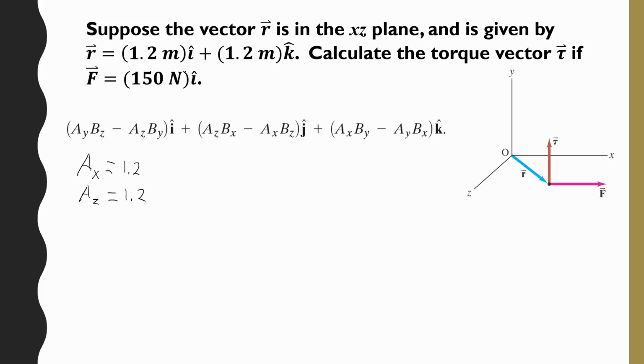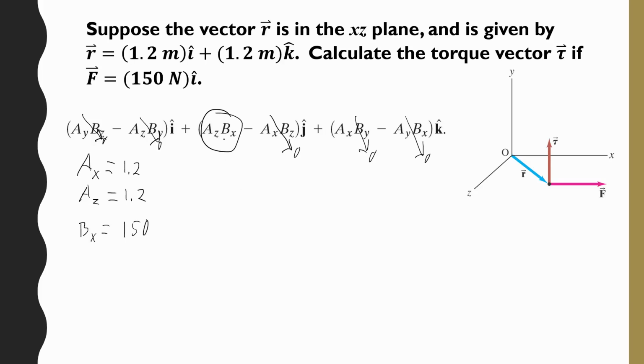And then for our b vector, we just have an x component. So bx is equal to 150. Everything else is 0, so we can get rid of most of all of this. This guy goes away to 0. That guy goes to 0. This one stays. That one is 0. That one is 0. And that one is 0. So we're only left with one thing to calculate.